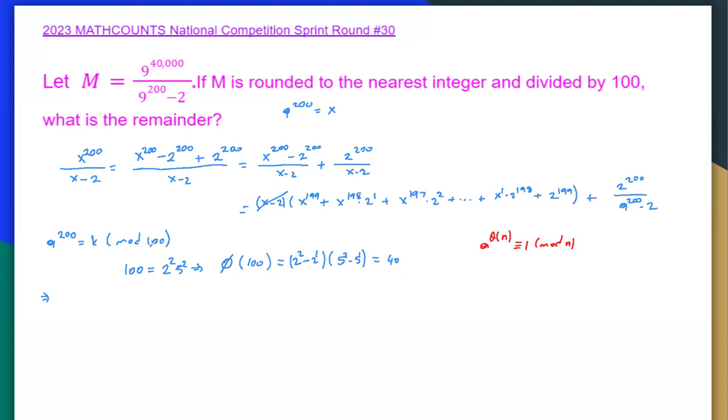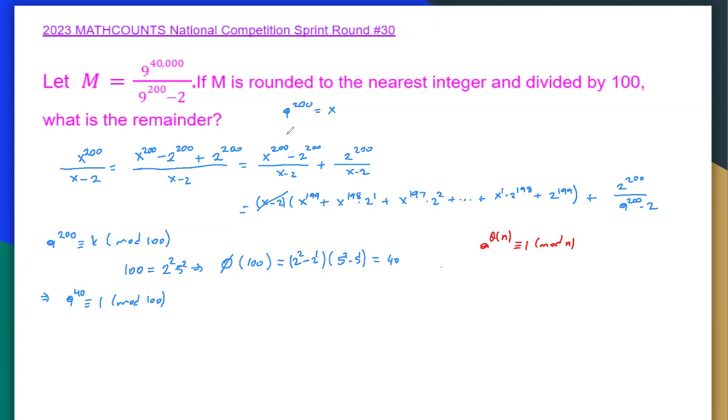So in this case, n is 100 and a is 9, so they are relatively prime, which is why we are safe. So we can use Euler's formula. I think this is not equal, this is congruent. So that means 9 to the 40th power will actually give us 1 if you take mod 100.